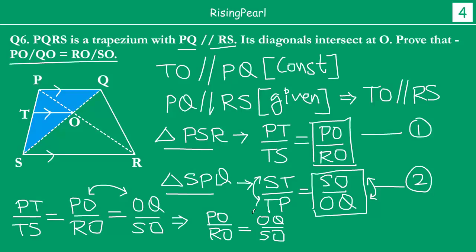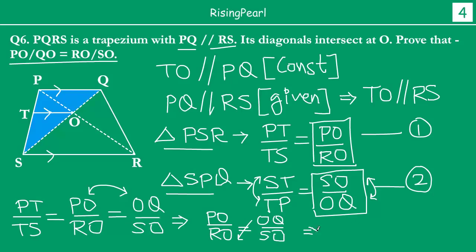Isn't this what we have to prove? We have to prove PO by OQ. Alright, so we have to do a little bit of rearranging. We have to have PO in the numerator, but the denominator is OQ or QO. So we want to bring this here. So let's see what happens.